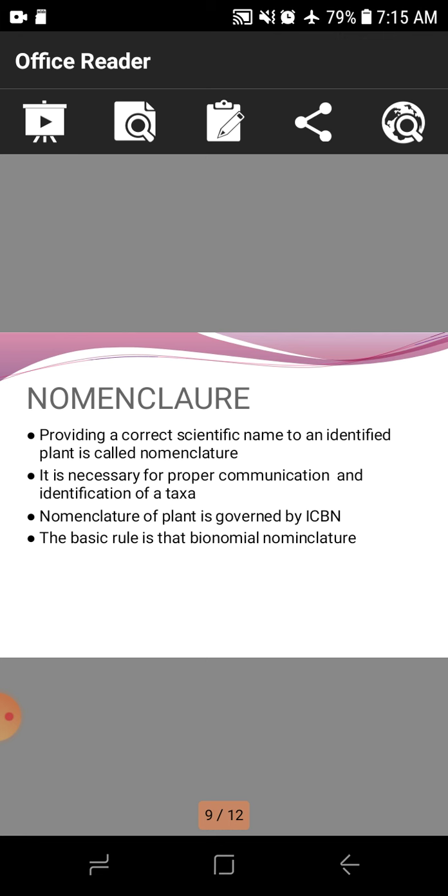Nomenclature of plants is governed by the International Code of Botanical Nomenclature, that means ICBN, through its rules and recommendations formed by the International Botanical Congress held at regular intervals. The basic rule is that binomial nomenclature should be followed for naming all plants. This means that each plant name must have two words, generic and specific.